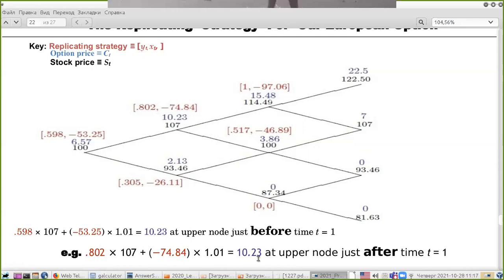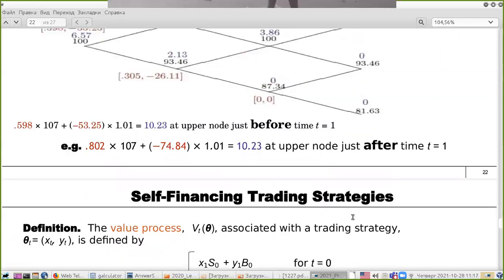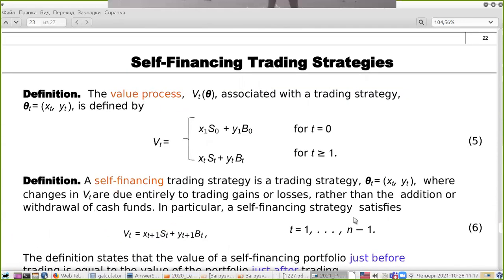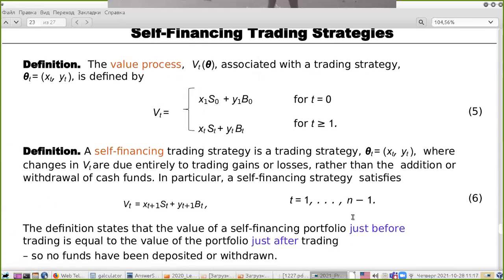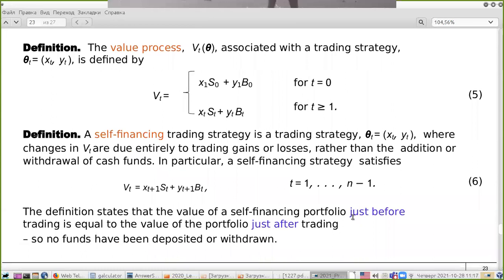So it is interesting because the value of the portfolio just before the time and just after this time are equal, and it is called a self-financing trading strategy, or self-financing portfolio.